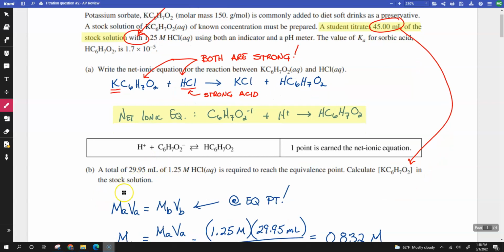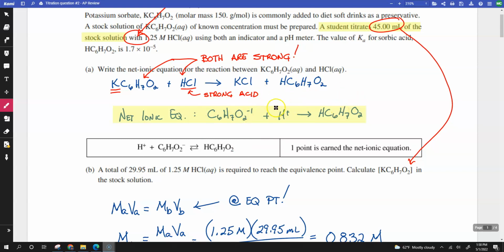Part B says a total of 29.95 milliliters of the 1.25 molar hydrochloric acid is required to reach the equivalence point. Again, equivalence point means that the number of moles of the acid are equal to the moles of the base. So in this case, we're going to treat this potassium sorbate, right here, this C6H7O2, as the base, because again, it needs a hydrogen to jump on it to make it an acid.